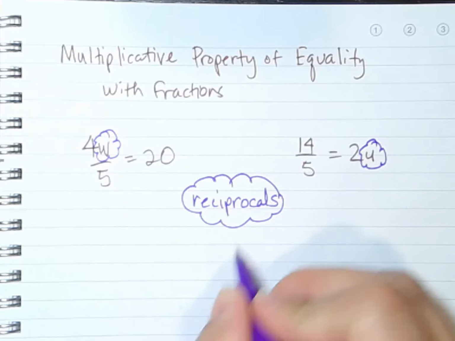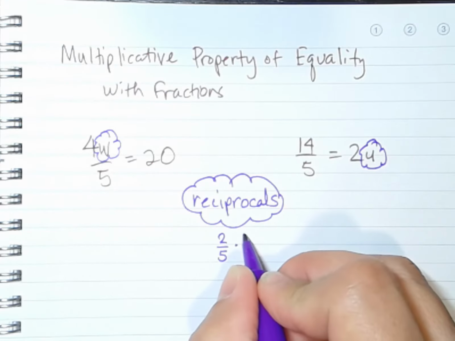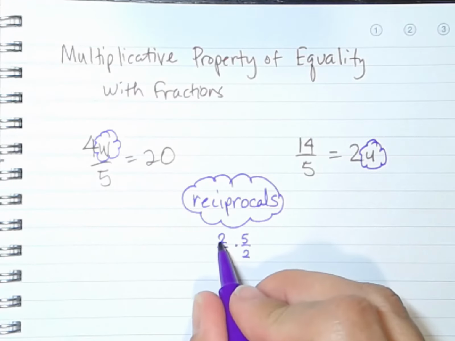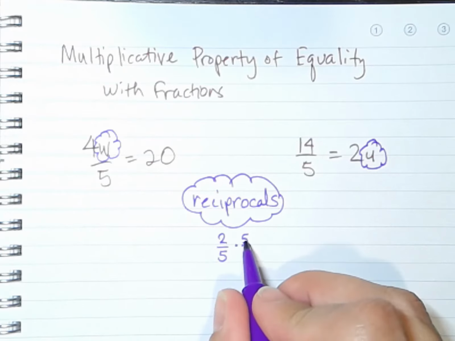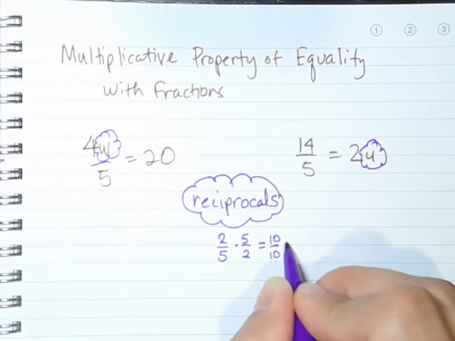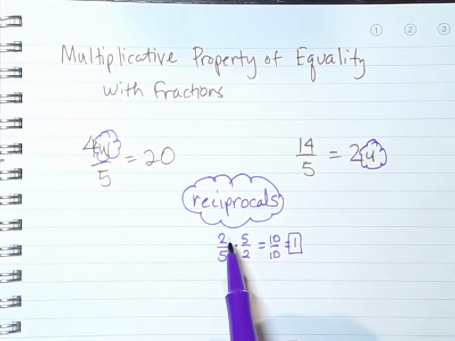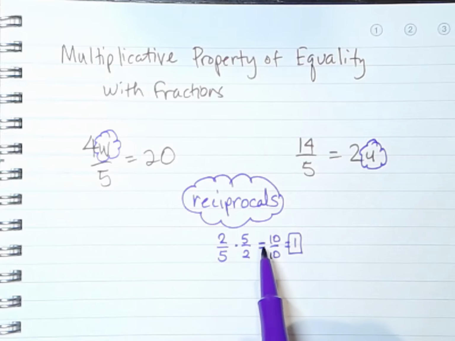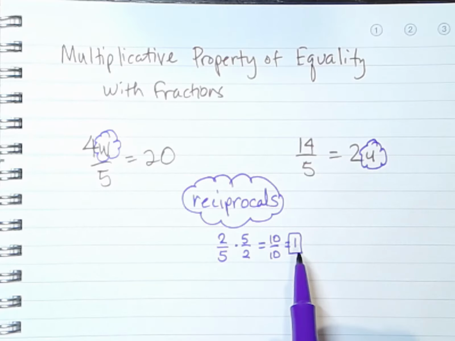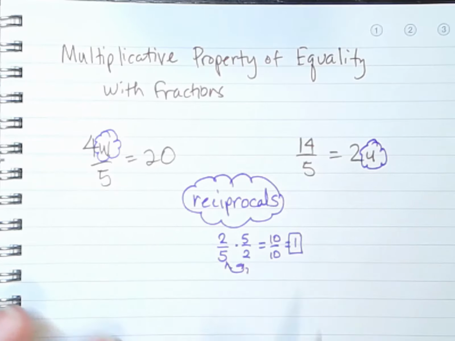If I had 2/5, its reciprocal is 5/2. Notice the numerator went to the denominator and the denominator went to the numerator. And it's because when I multiply those, I get 10/10, which is 1. That's the definition of a reciprocal. Reciprocals are two numbers multiplied together whose product is equal to 1. So it's just a flipping, I guess you could say, of those fractions. And those are called reciprocals.